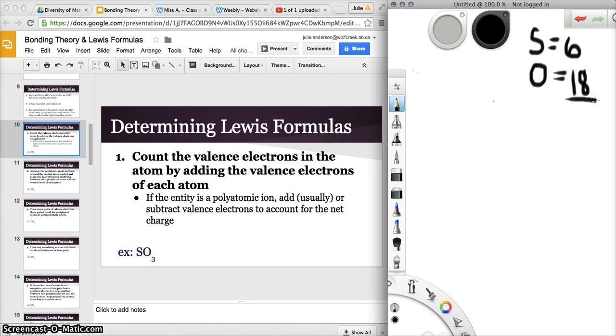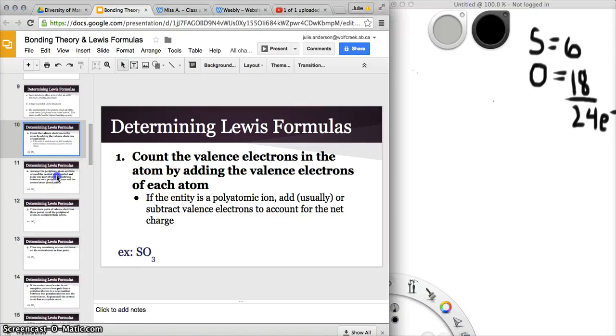So when I add these up here, I get 24 valence electrons total. All right. So that's the first step, is just to count the valence electrons in the atom by adding the valence electrons of each atom.